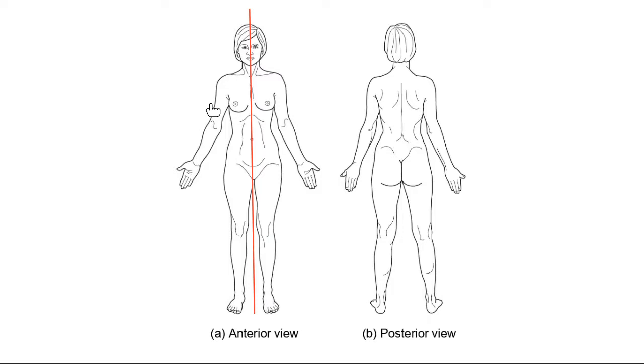The structures which are near the surface of our body are called superficial, and the structures which are toward inside of our body are called deep.